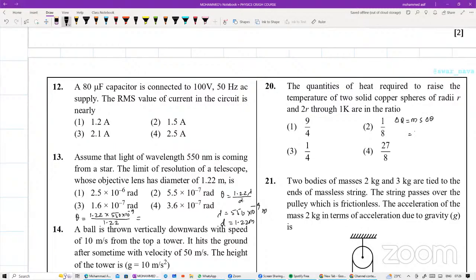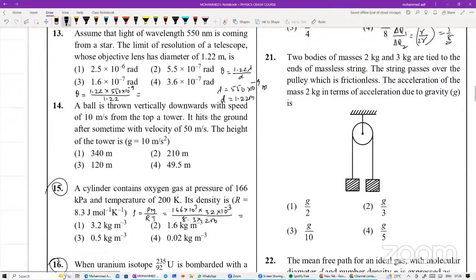Mass is equal to volume into density, 4 by 3 pi r cube into rho into specific heat into delta theta. So this is your delta Q. And Q1 by Q2 will be directly proportional to cube of the radius, यानी r divided by 2r हो गया ना. So this is r by 2r whole cube. It will be equal to 1 by 8. Direct question.